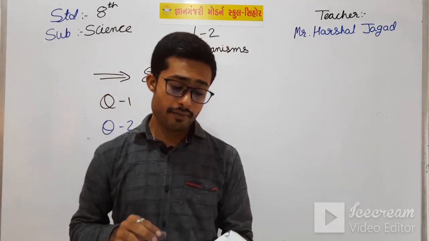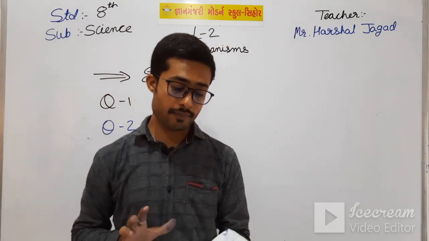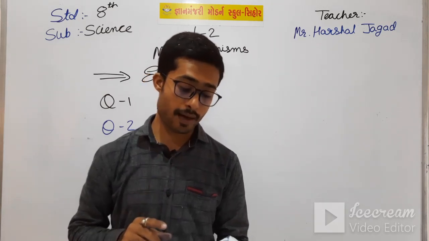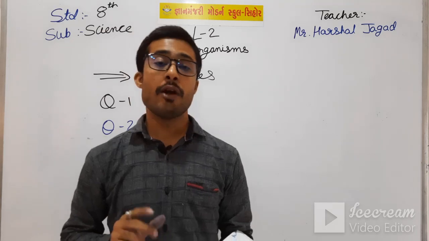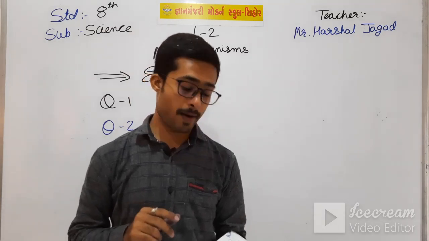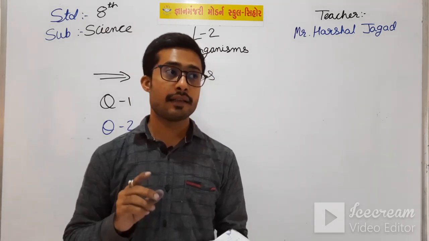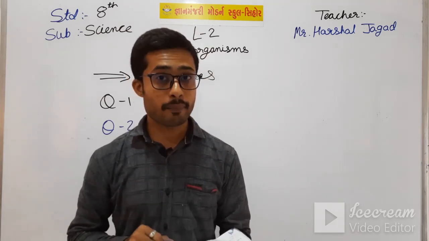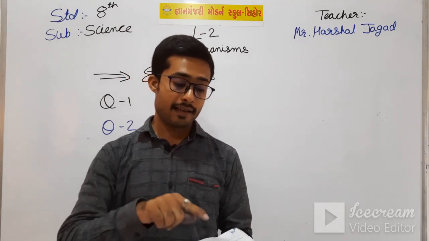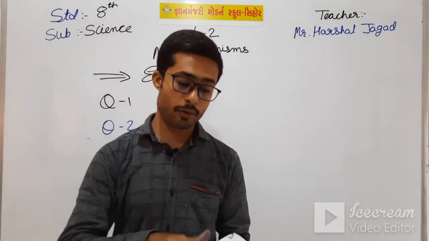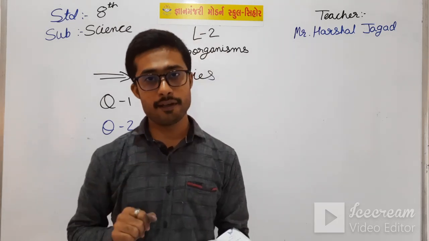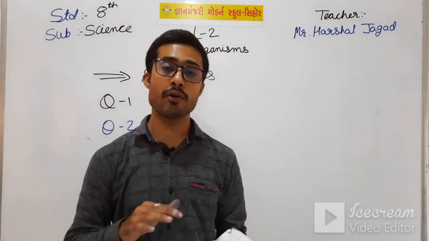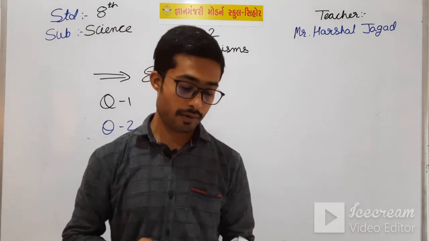In the very first lecture we studied the types of microorganisms, and there was one type, protozoa, and there were 2 examples of it. So, you have to write 2 examples of protozoa here. Okay, first I will tell you the answer and then we will discuss the others, and you have to write the answers by yourself. Okay, students.